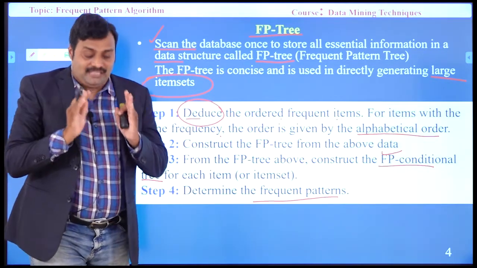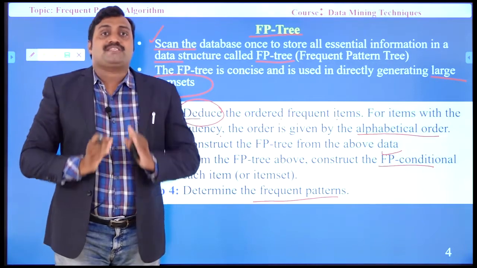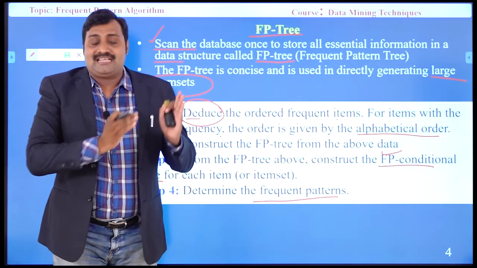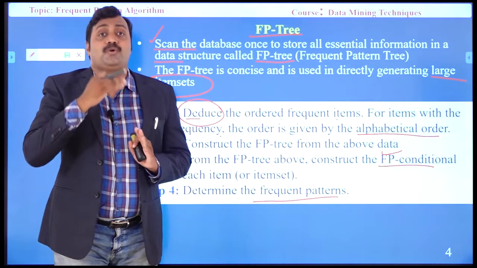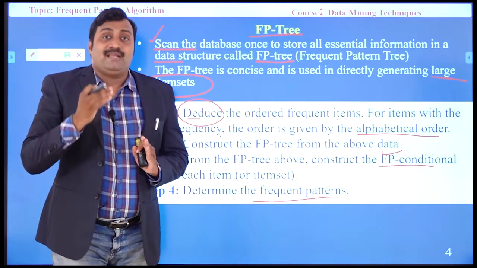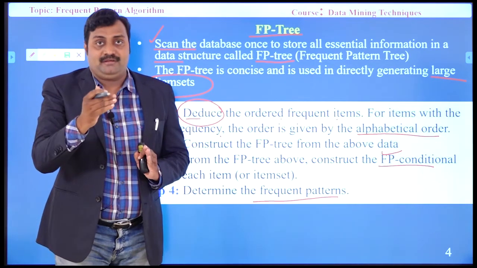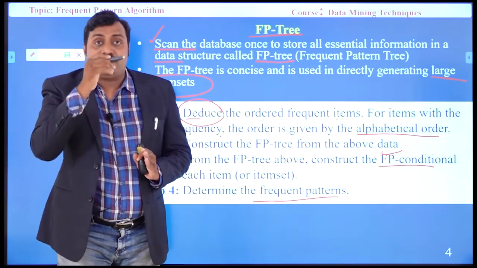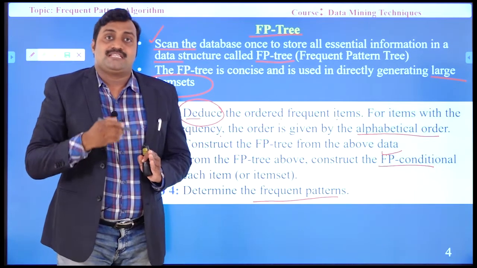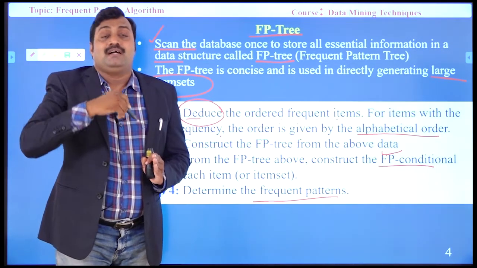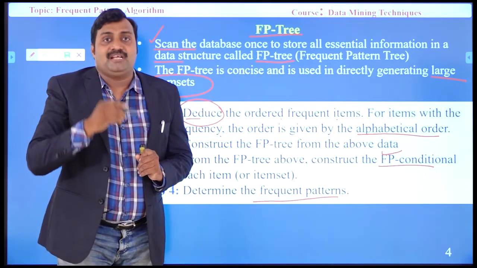So step 1 is simply scanning all the items in the transaction database based on support count, applying the minimum support on the item set, eliminating items and ordering all the items based on the support count. Step 2, we construct the FP tree, a graphical representation.